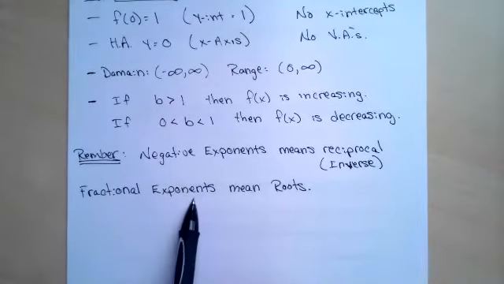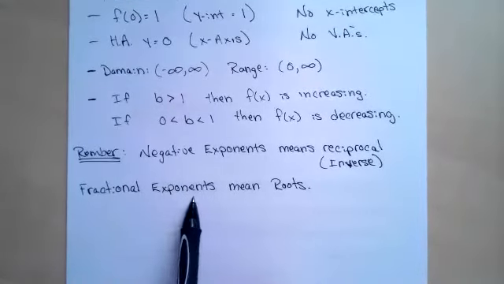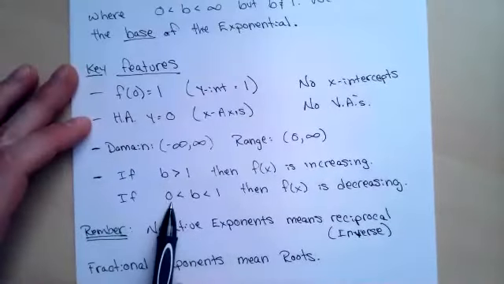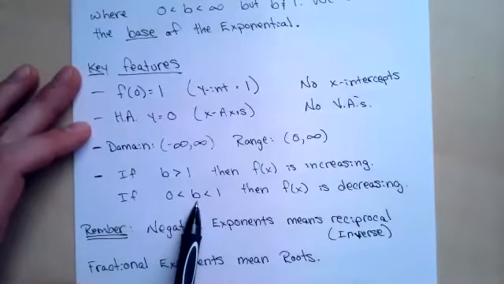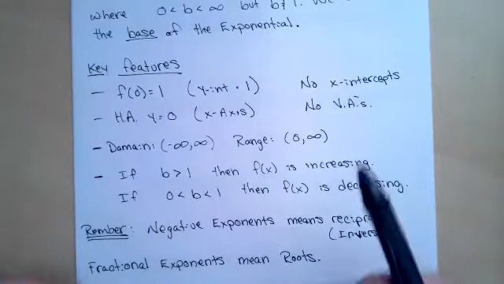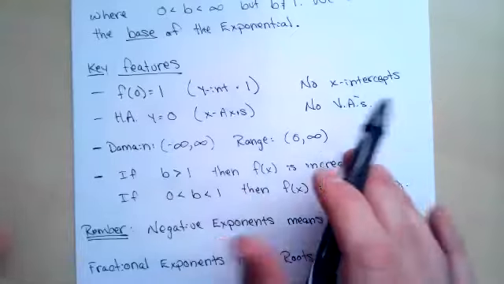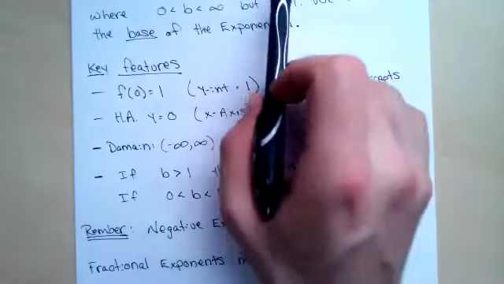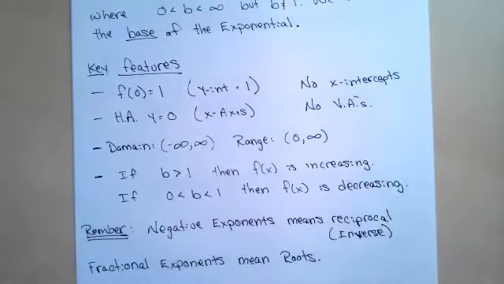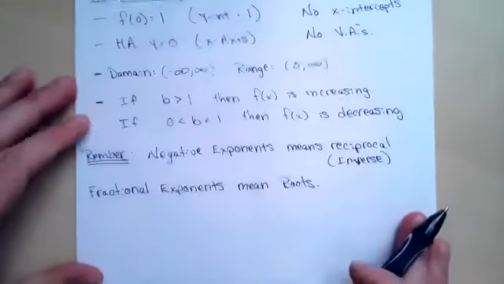What do they mean? As well as making sure you're keeping it straight if the base is a weird number as well. Our base is positive, but it could still be a fraction. So just make sure you're keeping that straight. When the exponent is a fraction, it corresponds to a root.